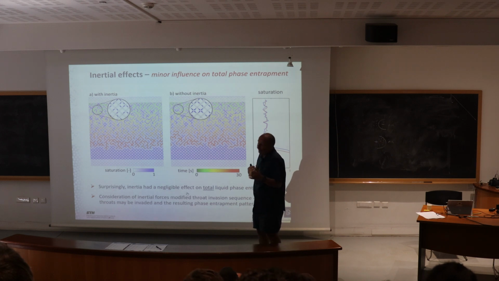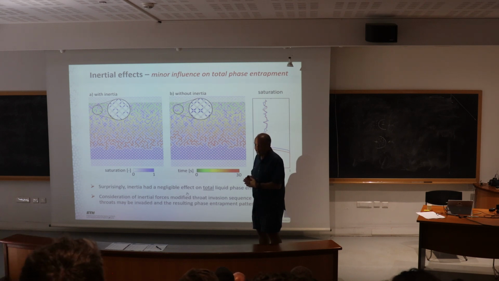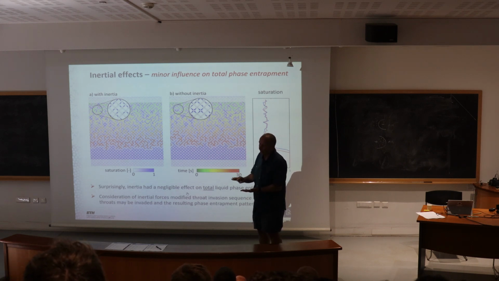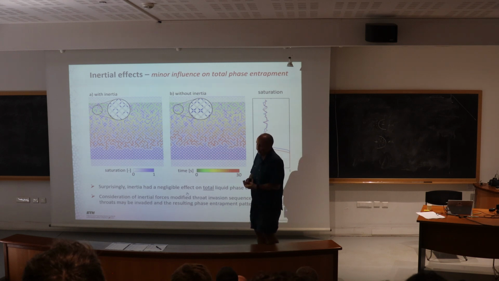My intuition is, we have not tested it, that smaller pores will actually have less impact of inertia than large pores. Just simply because the viscous dissipation will be so much more dominant. And so every time there is another force that dominates, it will suppress the impact of inertia. So it could be that inertia will actually be suppressing stuff that would happen without it.